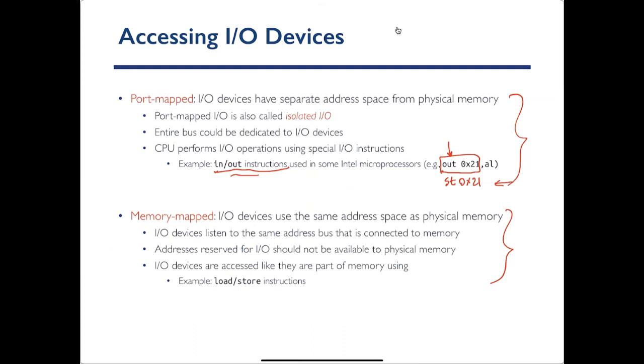If the CPU issues, for example, a store to some address 0xf..., then depending on whether this is mapped to a device or to the memory, the device or memory responds, because both of them are mapped to the same address space.